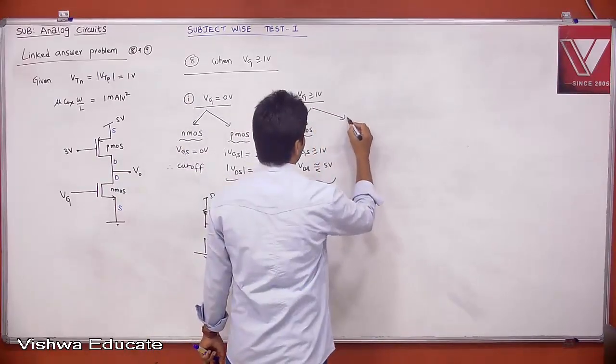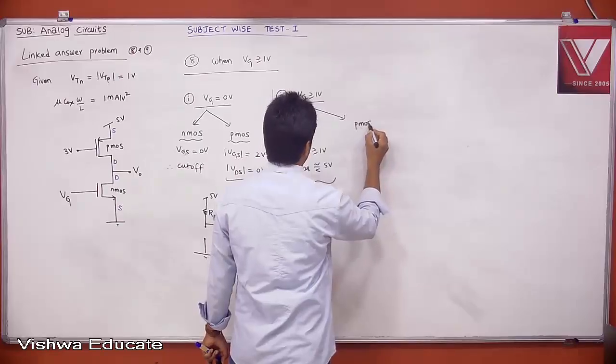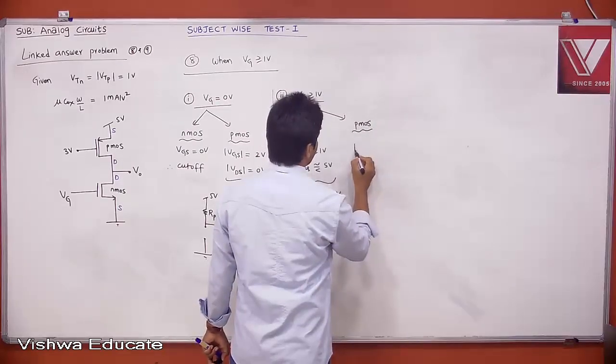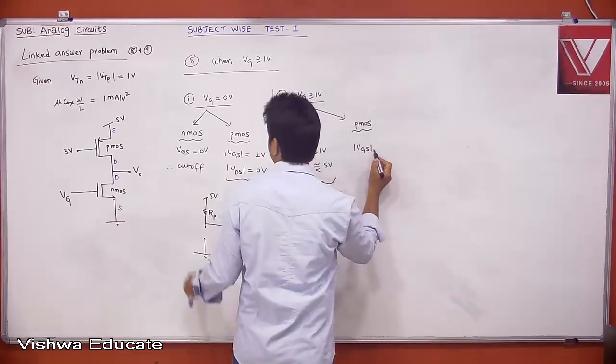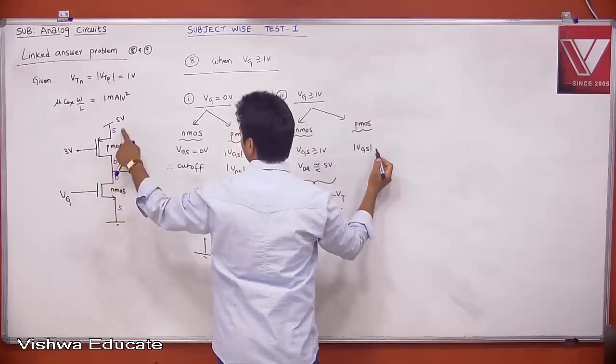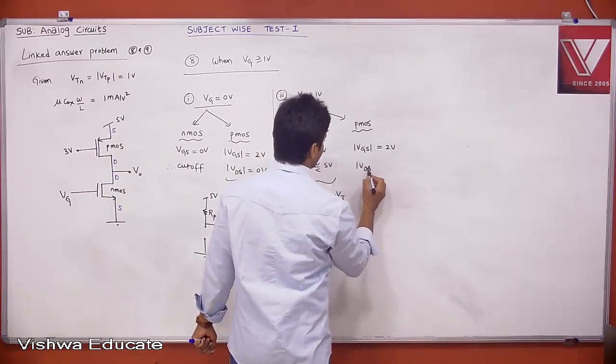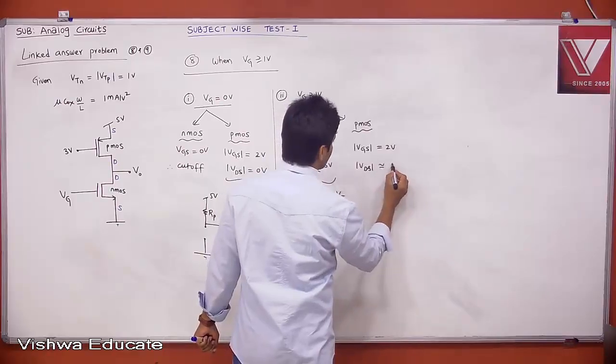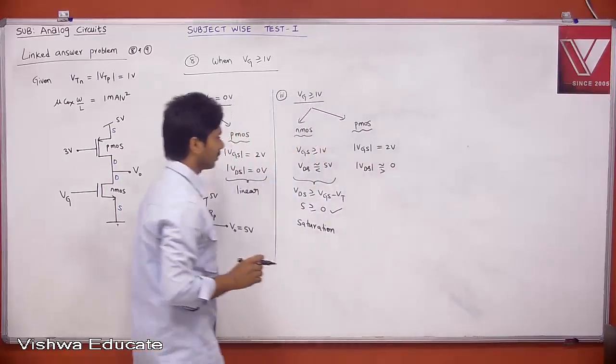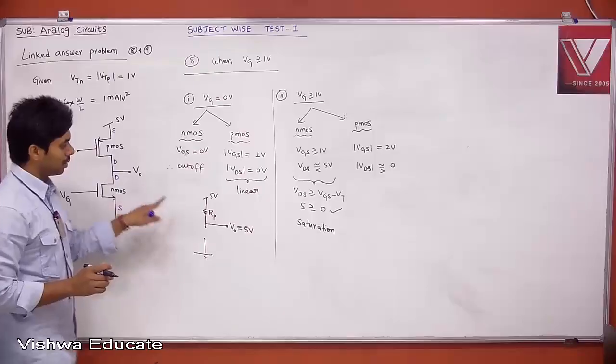What about PMOS? What is your mod VGS? That is fixed. It has not changed, because the gate voltage is 3, source voltage is 5, your VGS is 2. But what is your mod VDS? It is close to 0 but greater than 0. Why is it close to 0?